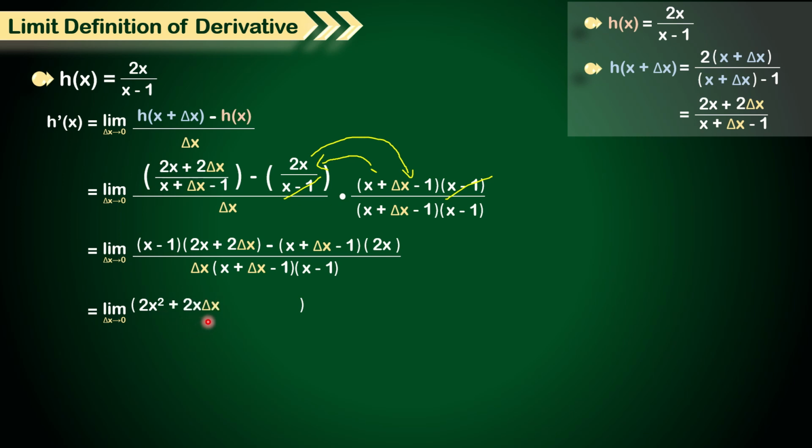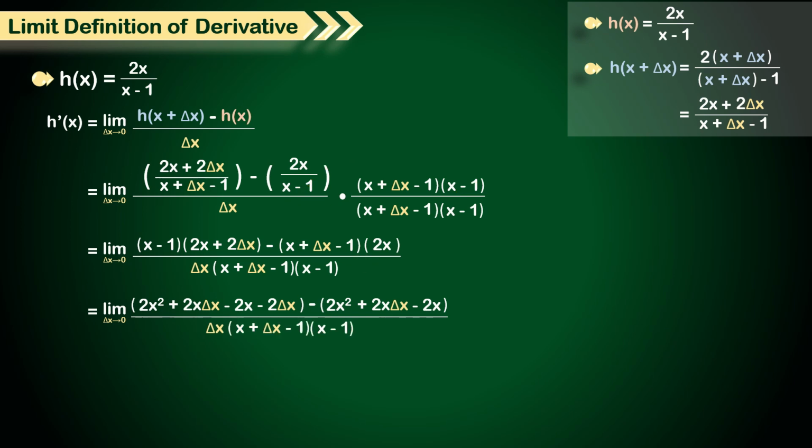2xΔx - 2x and -2Δx, minus the product of x + Δx - 1 and 2x, which is 2x squared + 2xΔx - 2x, over the entire denominator.